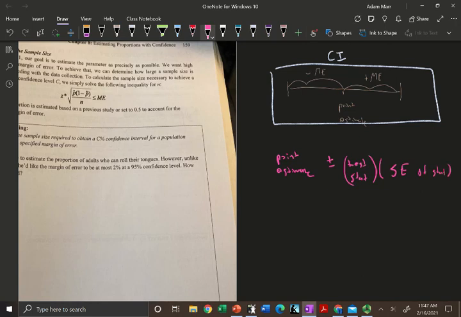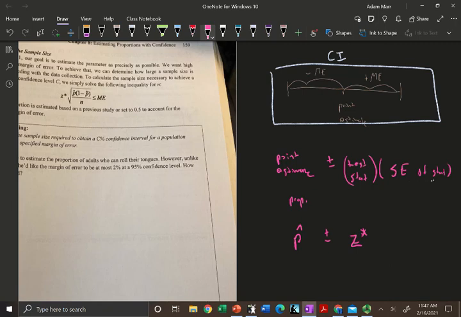All right, so what does that mean? Well, since we're doing proportions, we have the sample proportion, because we don't know the population proportion, plus or minus the test statistic, in this case Z star.